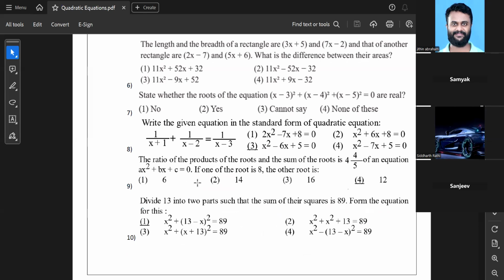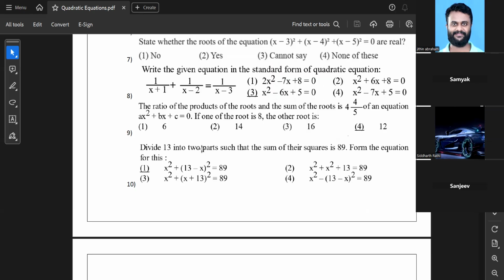Today I'll be solving those problems so that the doubt is cleared. So let me start with the seventh problem.